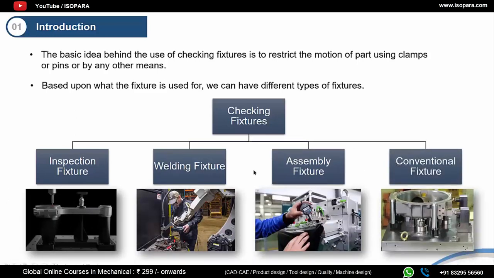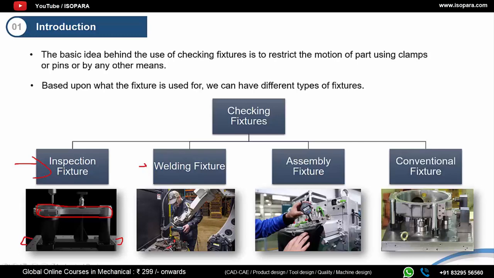Like I said, inspection fixtures are used to hold the part at a stationary position, so that you can move it around. As you saw in the previous video, the fixture had handles, so you can also move it around. Basically if you use a fixture for checking or inspection, it is called an inspection fixture. Also if you want to hold a part at a stationary position so that it can be welded, we call it a welding fixture.